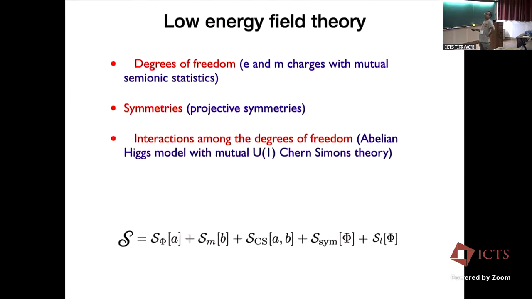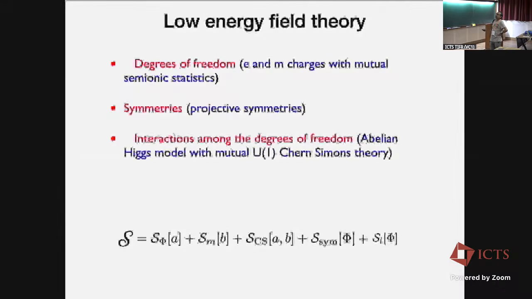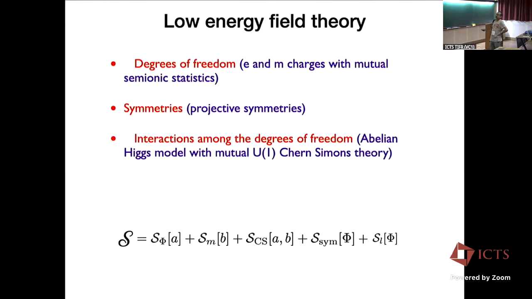Note that the low energy field theories are in terms of these E and M charges, which are not order parameters, and they follow various non-trivial implementations of symmetries. The semionic statistics generally gives rise to Chern-Simons field theories, which is what the low energy field theory boils down to.